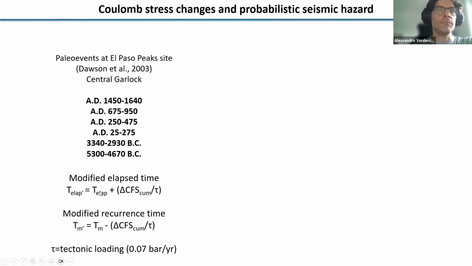So the initial elapsed time to which we add the ratio between the Coulomb stress calculation on that fault and the tectonic loading, which is calculated here with modeling again. The second method is through a modified recurrence time. In this case, we subtract from the recurrence time of the fault the same value, so the ratio between the Coulomb stress and the tectonic loading, which is basically the clock advance or delay.